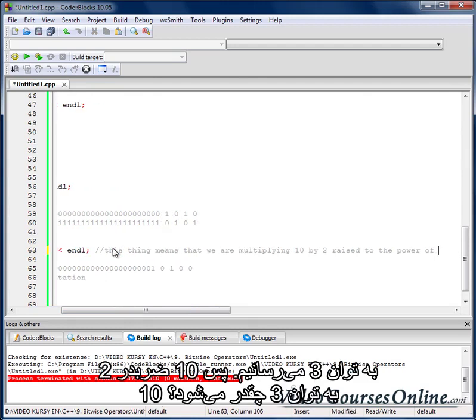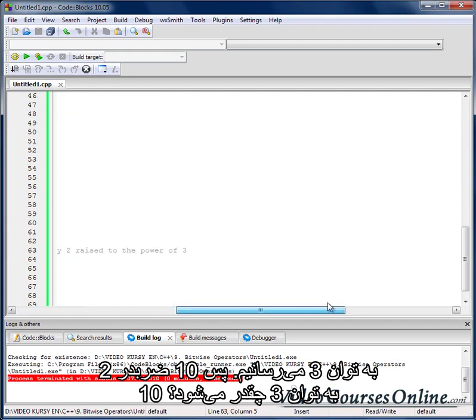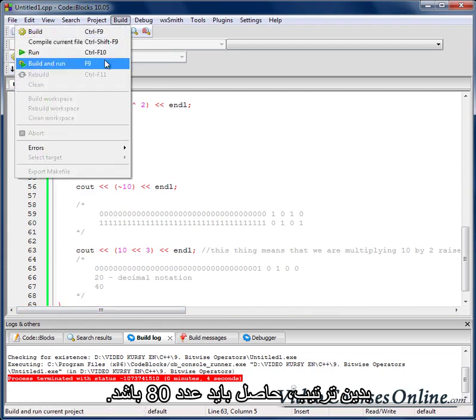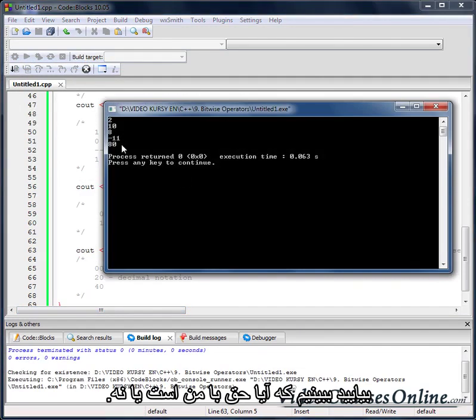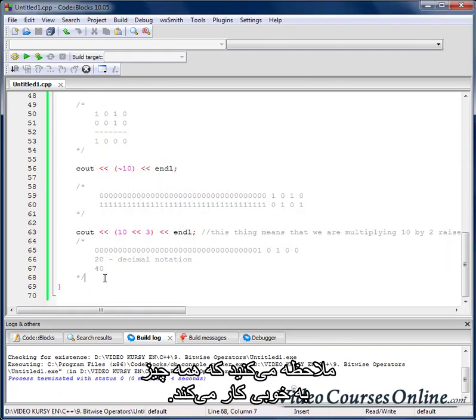Okay, to the power of 3. And so 10 multiplied by 2 raised to the power of 3 is what? 10 multiplied by 8, so I should have 80 here. Let's see if I'm not lying, and as you can see, everything is working fine.